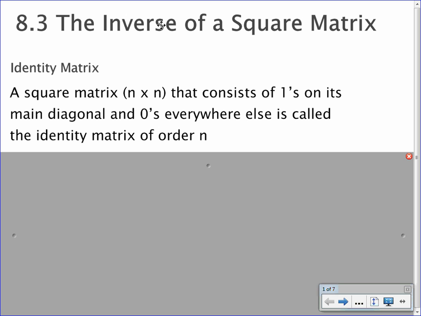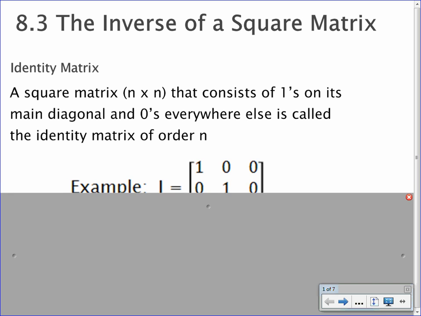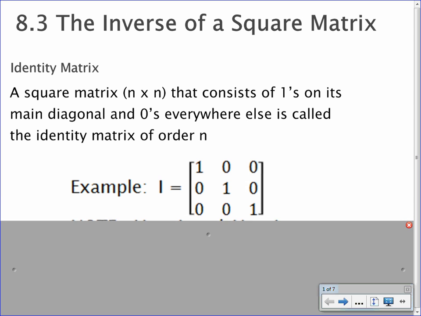An identity matrix is always square, and it consists of ones along the main diagonal and zeros everywhere else. So a 3 by 3 identity matrix looks like this, and we usually name it I for identity.